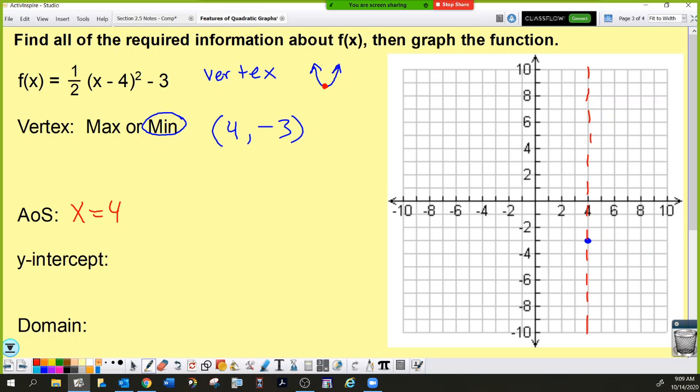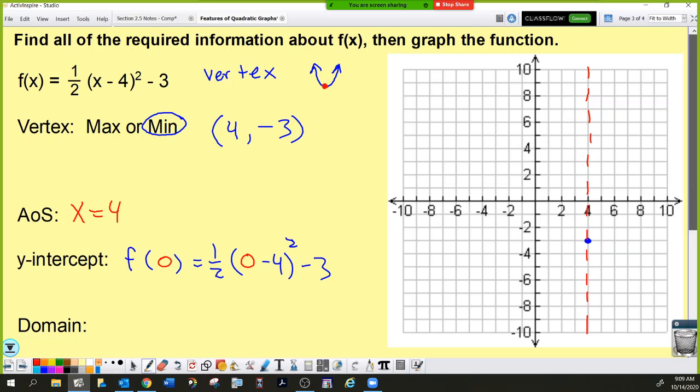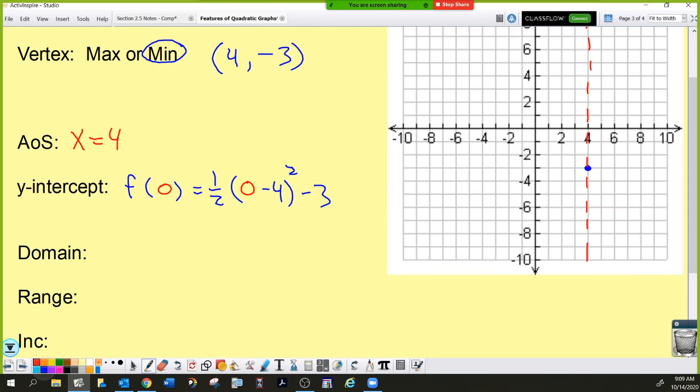The next thing that this information is asking for is the y-intercept. Well, let's do that. The y-intercept happens when you're on the y-axis, and when you're on the y-axis, you know x equals 0. So you have to figure out what the y-intercept is by plugging in 0. One half of negative 4 squared minus 3.